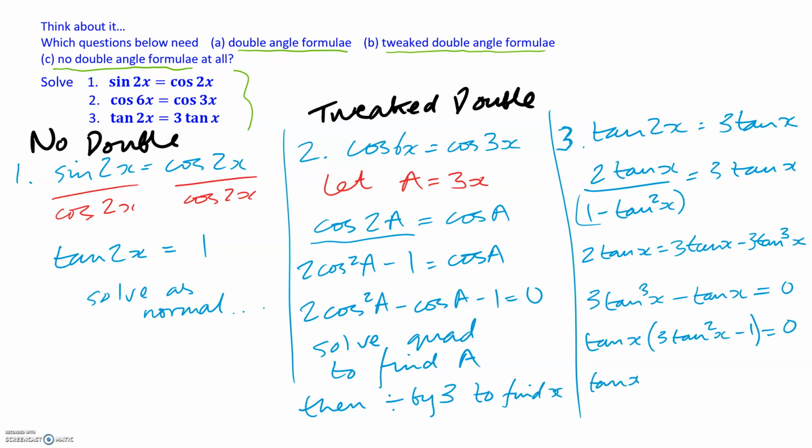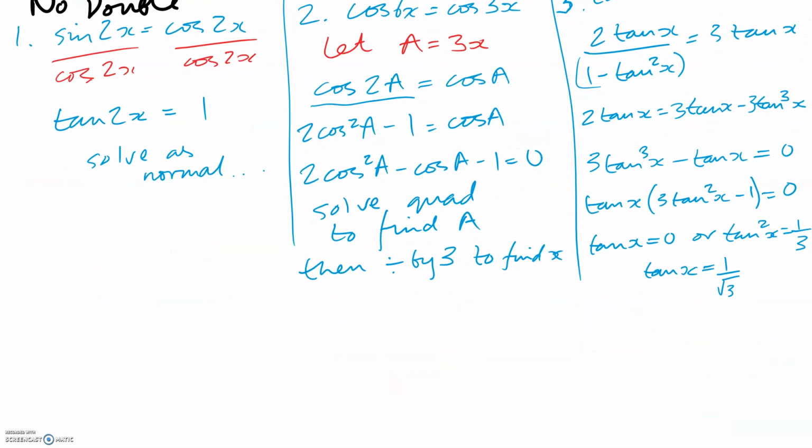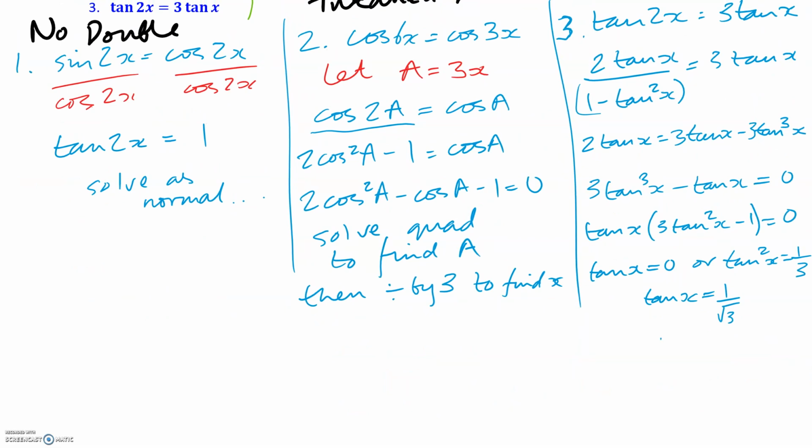Tan x equals 0 then, so we need to find all the solutions in our range for that. Or tan squared x equals 1/3, which means that tan x will either equal 1 over root 3, or tan x will equal minus 1 over root 3.